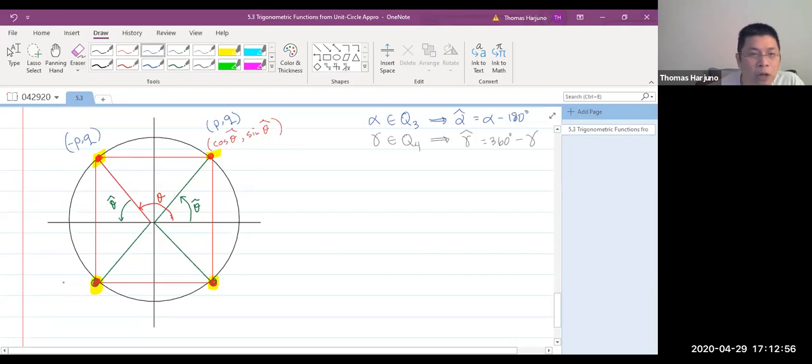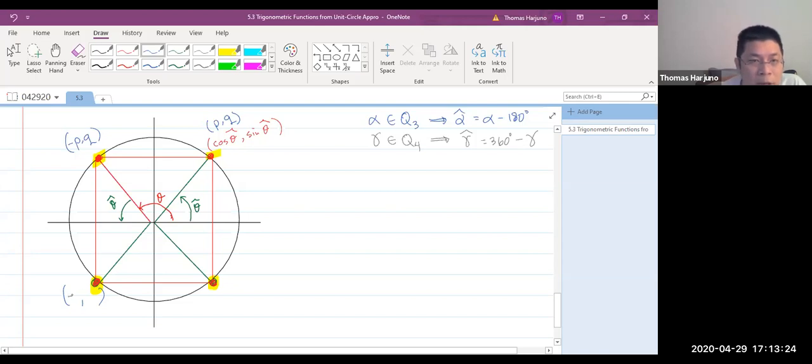How about the coordinate here in quadrant 3? The coordinate corresponds to an angle whose reference angle is theta hat. Then the coordinate must be, you see, the x is opposite, right? The y is also opposite.